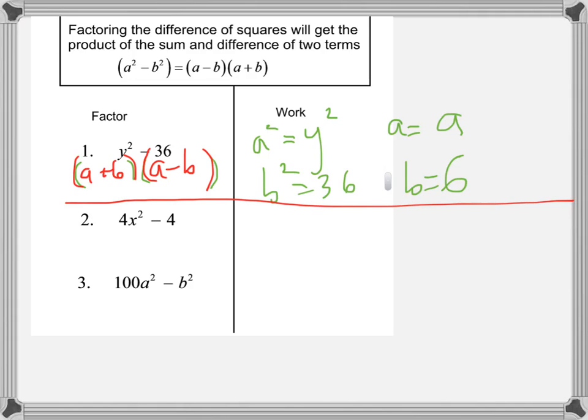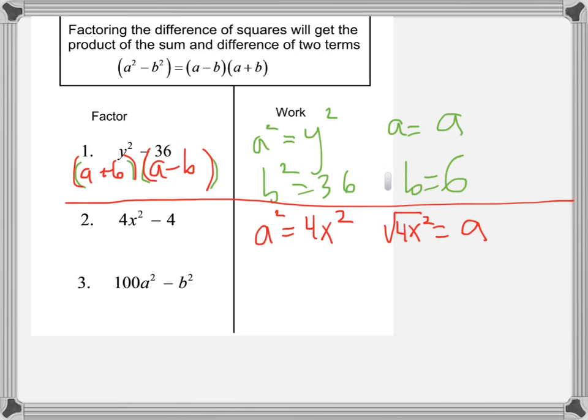In the next example, our a squared term is 4x squared, and if I take the square root of that, that's going to be my a term. The square root is identical to the way an exponent works, in that you can distribute the square root to all parts of the term.